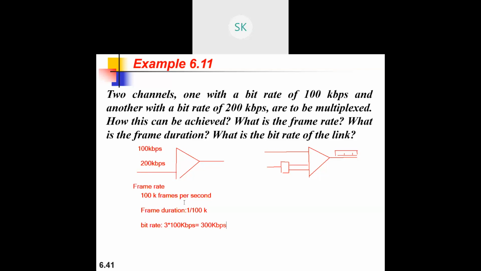It is 100 kilo frames per second. It's not bit. Frame duration.